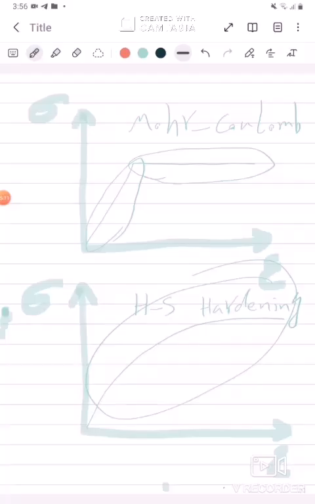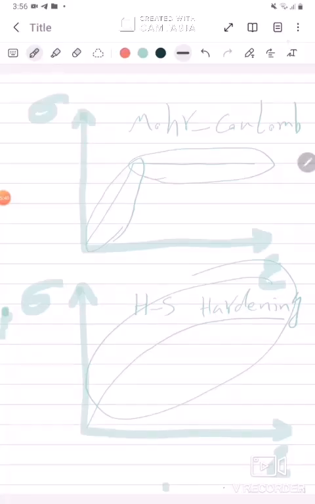The second difference between these two models is that the stiffness parameter is stress dependent in hardening soil. In the hardening soil model, we have stress dependent stiffness, but in the Mohr-Coulomb model, we don't have stress dependent stiffness, and the stiffness is constant. So this is another difference between these two models.